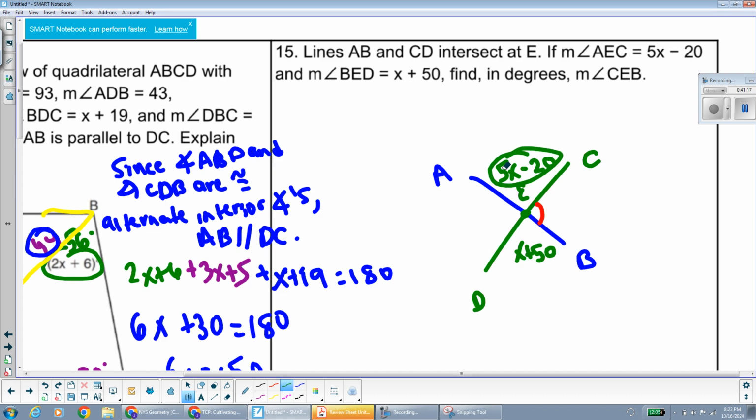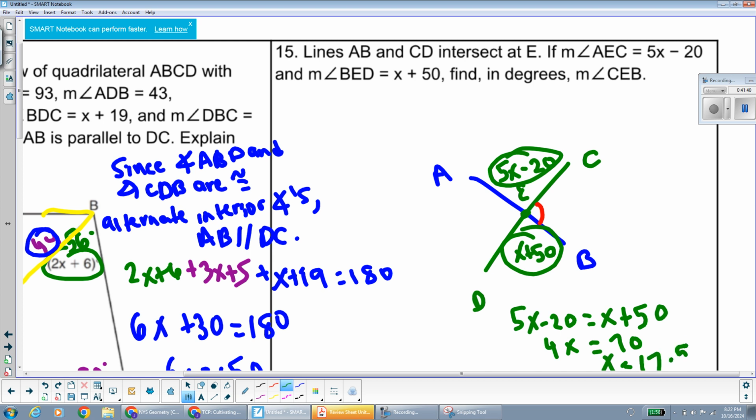So the two angles that were given are congruent vertical angles. Vertical angles are always congruent. And then after subtracting x from both sides and then adding 20 to both sides, the last thing I have to do is divide by 4, and I get 17.5.